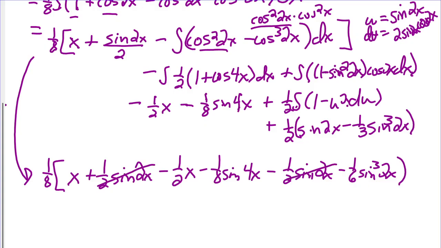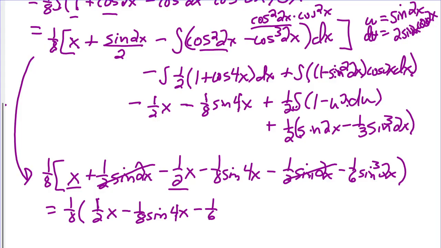Minus 1/2 sine of 2x and plus 1/2 sine of 2x cancel to leave us then with 1/8 times the quantity, 1/2 x. We can also do some like term combining as well. So 1/2 of x minus 1/8 sine of 4x minus 1/6 sine cubed of 2x.